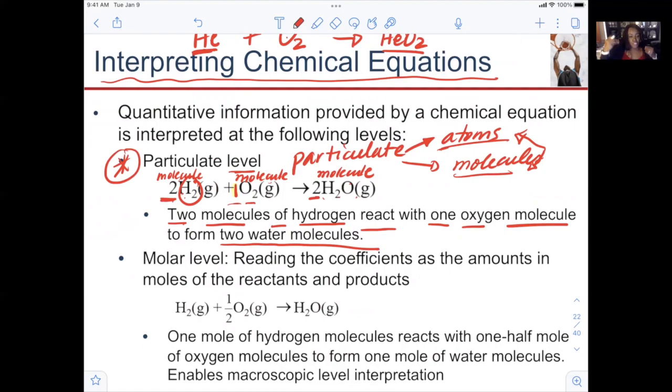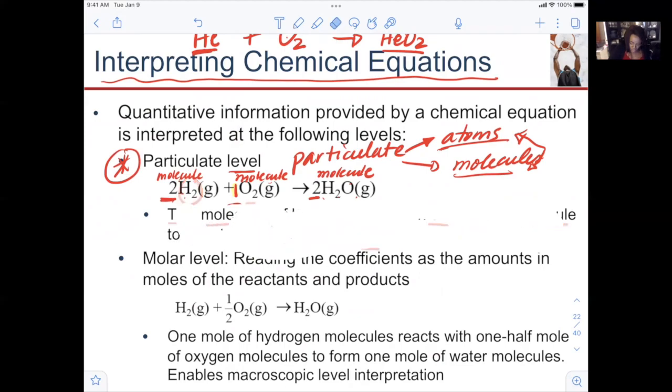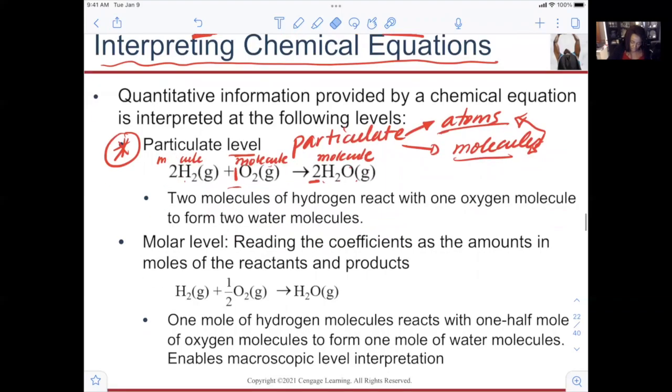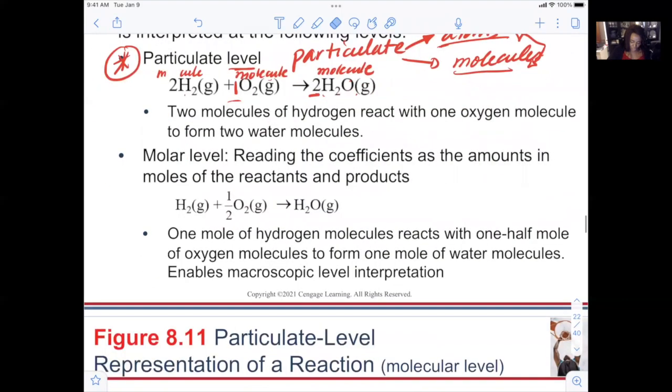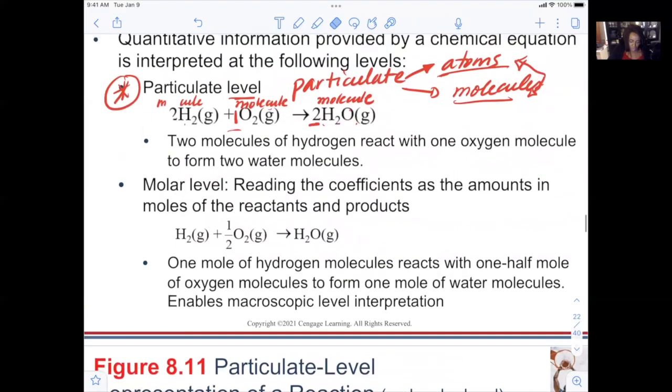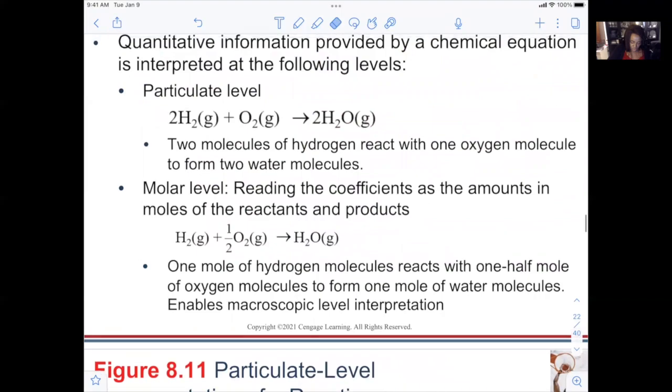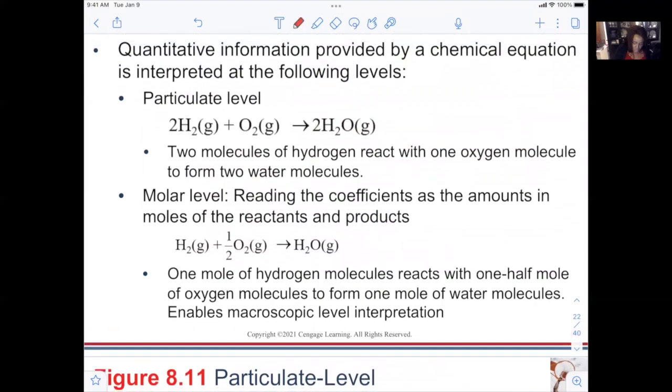Yeah, so that's how you would describe that very equation in the particulate level. If you were asked to describe the same equation in molar level, then your descriptors will be different. Now you're using moles, okay? Now to kind of mix it up, they use different chemicals. You could use the same chemicals. I'm gonna use a different one they use here.